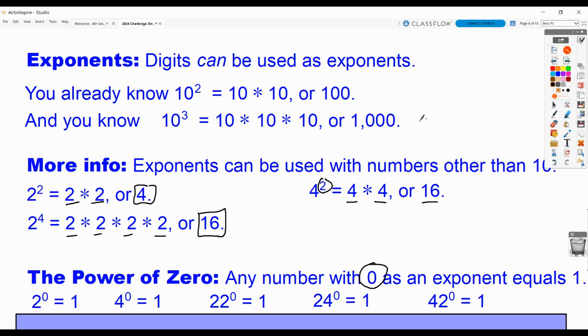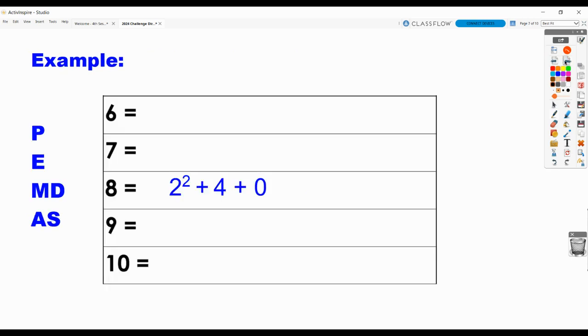Any number to the power of zero equals 1. 2 to the power of 0 is worth 1. 4 to the power of 0 is worth 1. All the way out to 42 to the power of 0 is still worth 1. So if you're looking for a 1, maybe you're going to add 1, multiply by 1, subtract 1, you might want to raise one of your values to the power of 0. That could come in handy as well.